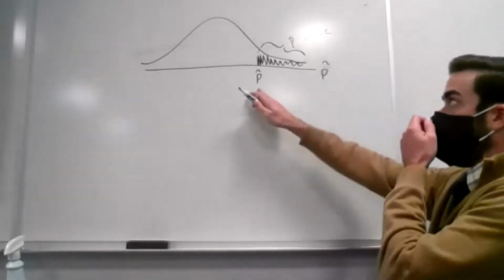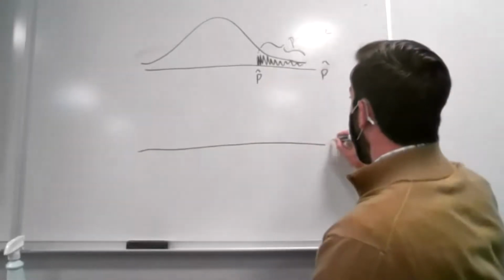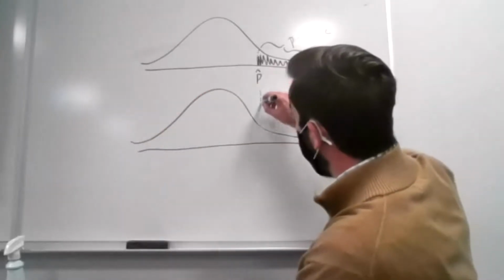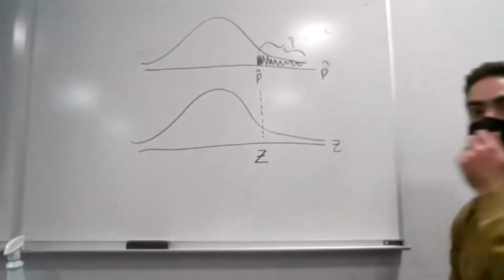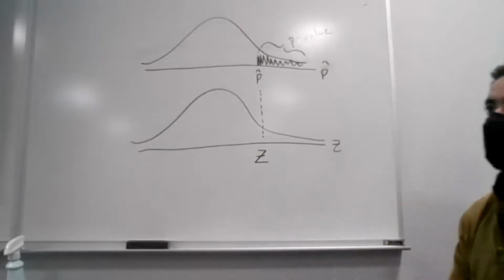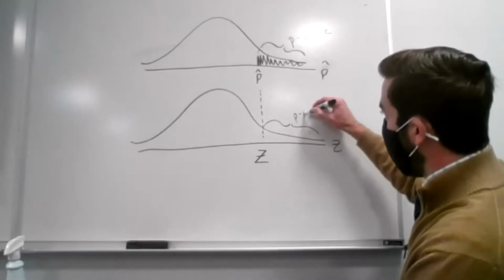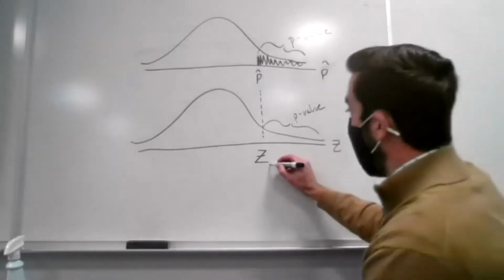The problem was, if I just had the sample proportion, I don't have a table for that. I only have a table for a standard normal distribution. So what I would have to do is convert that sample proportion into a z-value, or a z-statistic, right? My test statistic. Once I had this test statistic, I could find my p-value.